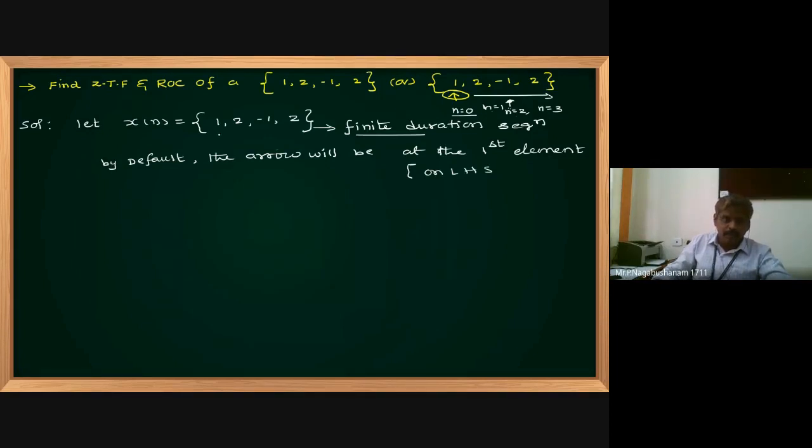So by default we have to assume the arrow mark at the first element, the leftmost corner, if they are not giving any arrow mark. If they are giving one, we have to follow it.